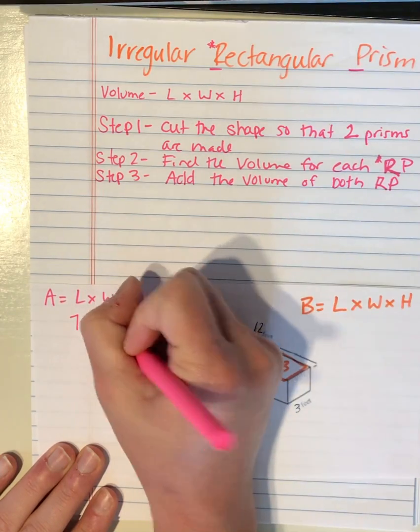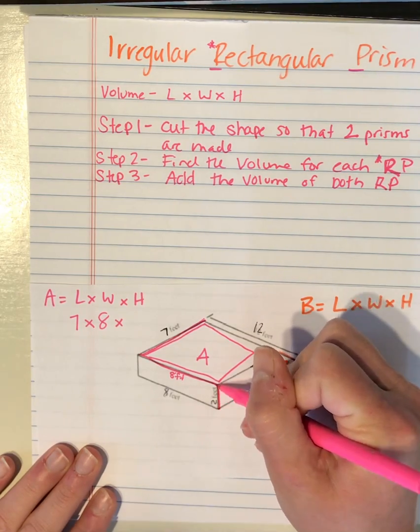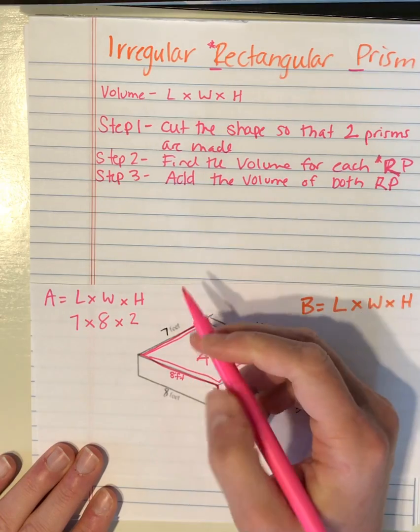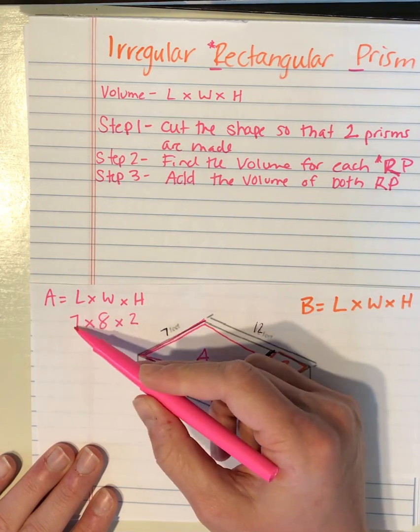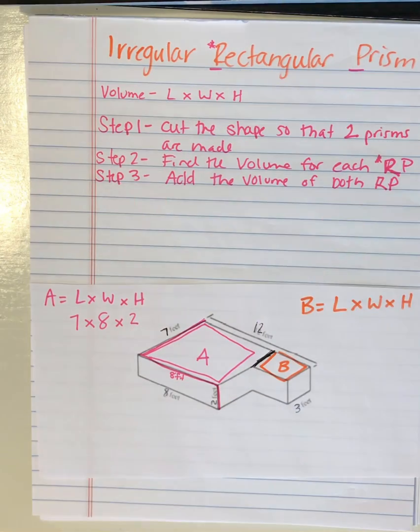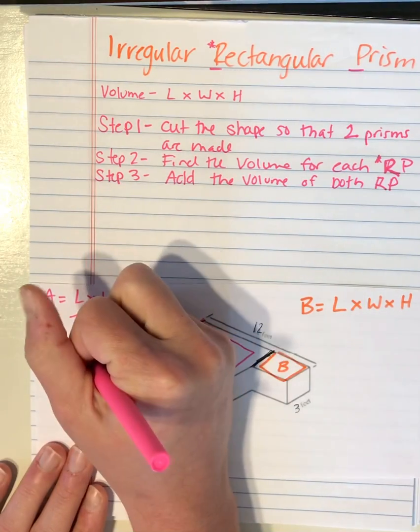Okay, now I need to find this height. Good thing it's already labeled right here with 2 feet. So just by looking at my numbers, I know the length is 7 times 8 times 2. Excuse me, I'll start with 7 times 8.